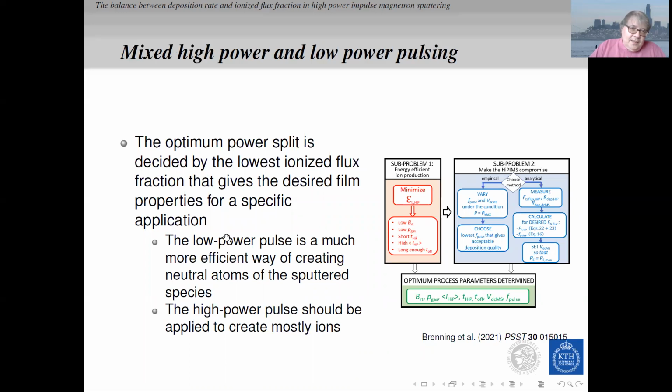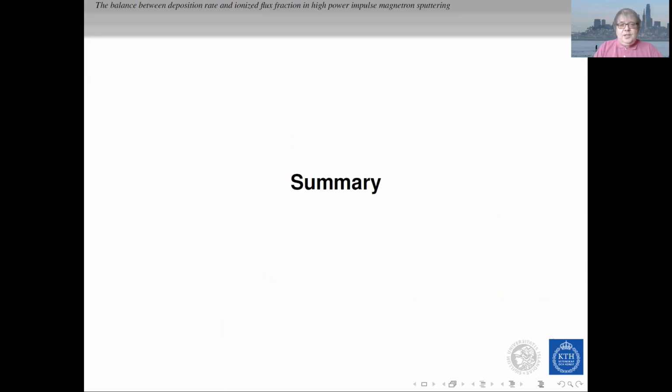So basically, the low power pulse creates the neutral atoms, while the high power pulse creates mostly ions. So this is one approach to try to optimize the process and get the deposition rate up while maintaining a sufficient ionized flux fraction.